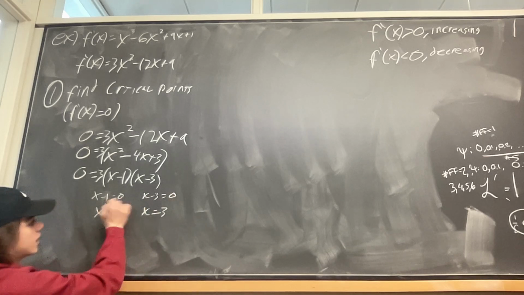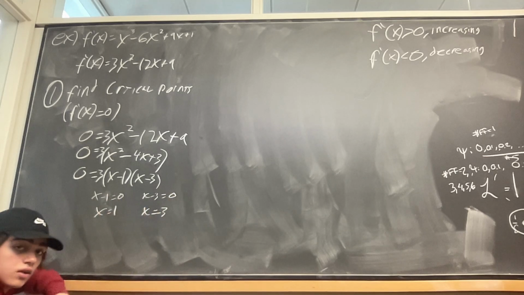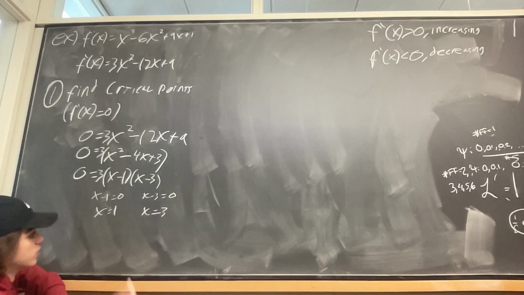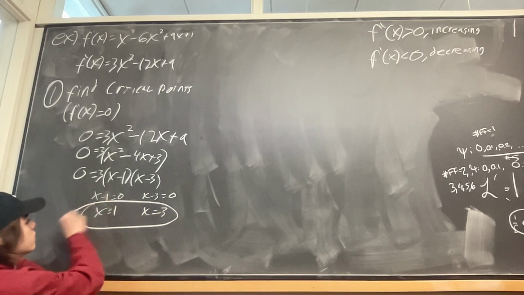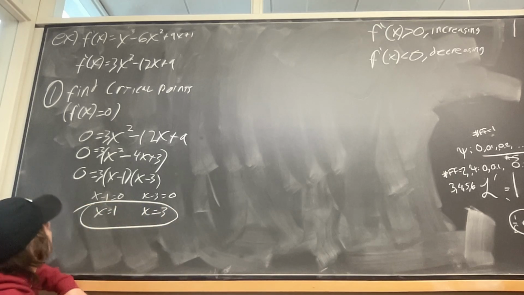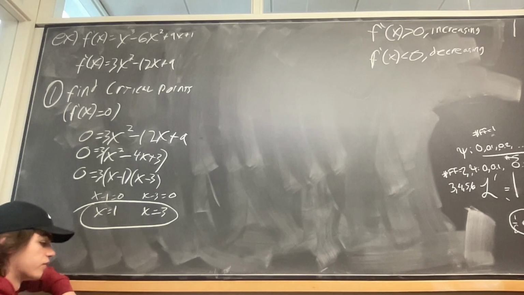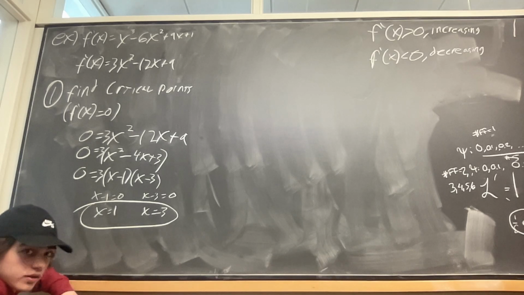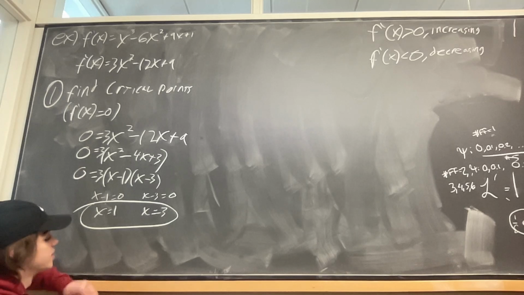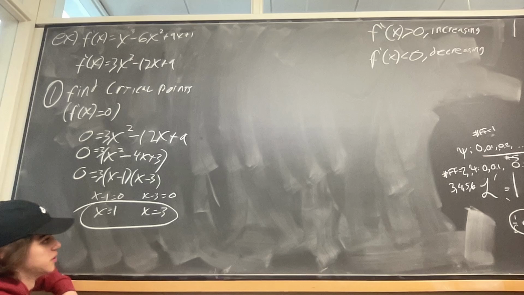Because you add the 1 to both sides, x equals 1, and x equals 3. So those are our critical points. Those are the points where the derivative of the function equals 0. And as we looked at earlier, that means that there might be a local max or min.